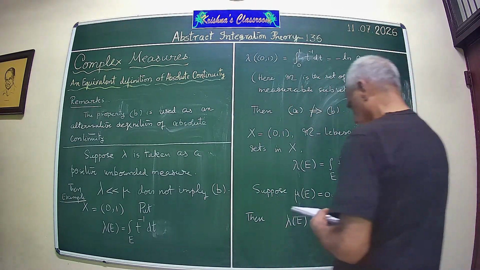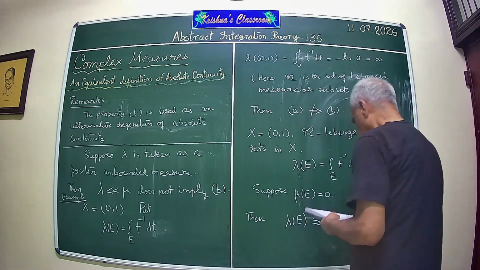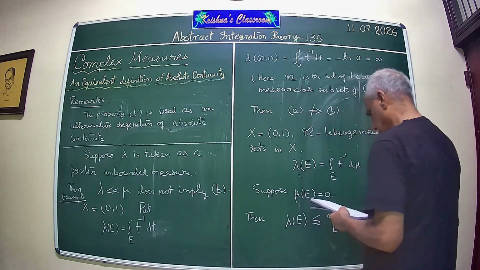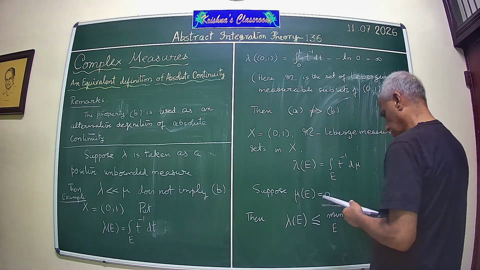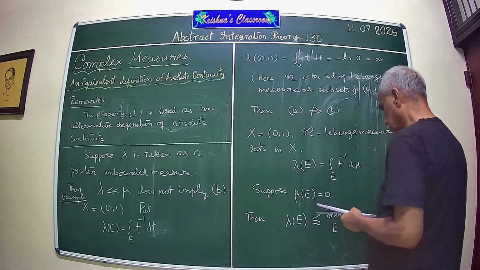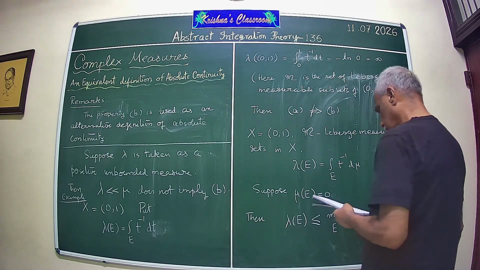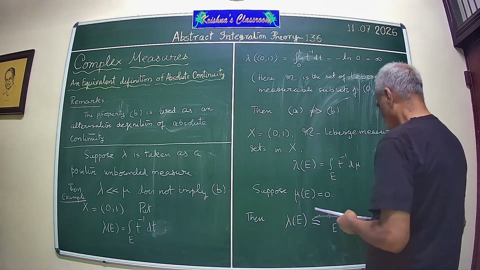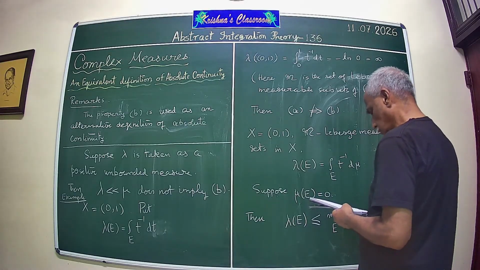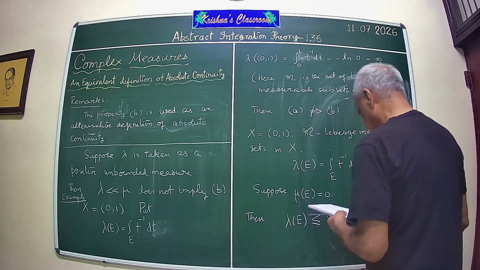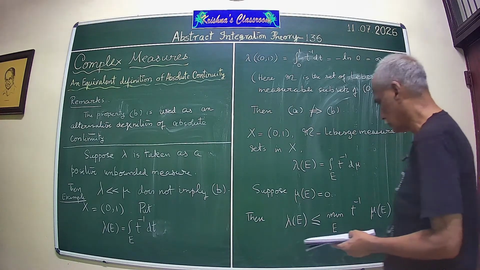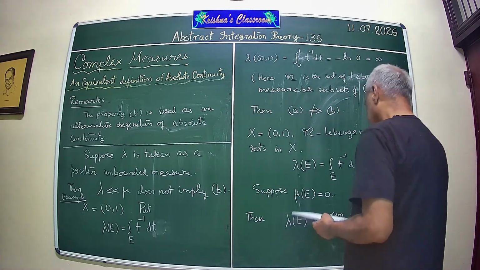Lambda of E is less than or equal to t inverse times mu, or what you call the infimum of this.